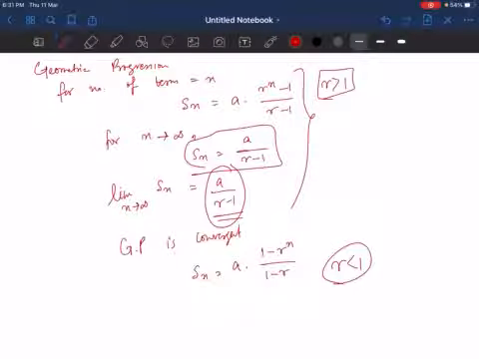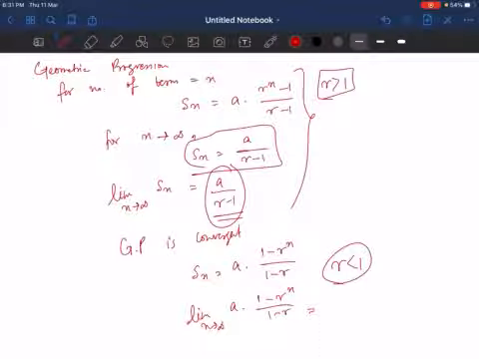I will write here limit n tends to infinity a dot 1 minus r to the power n divided by 1 minus r. We are finding what is the value of this.